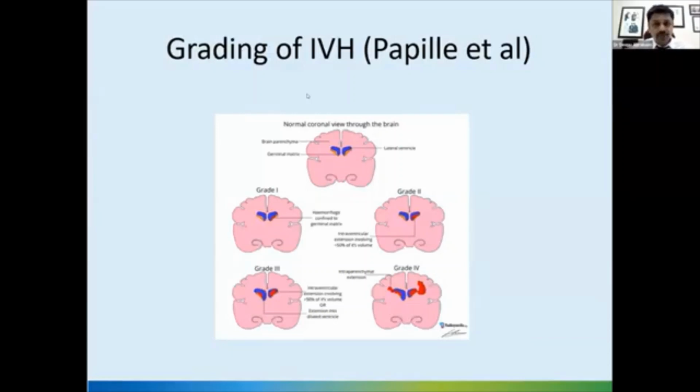Grade 3 hemorrhage, where the extent of the hemorrhage goes beyond 50% of the ventricular cavity, or when it is associated with ventricular dilatation. Grade 4 IVH, or periventricular hemorrhagic infarction, is caused by a slightly different pathology, but it is mainly a significant intraventricular hemorrhage associated with a large parenchymal infarct, as you can see.